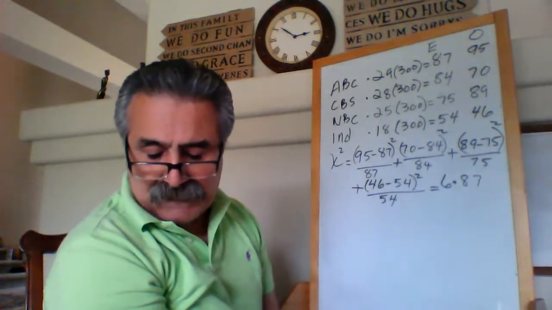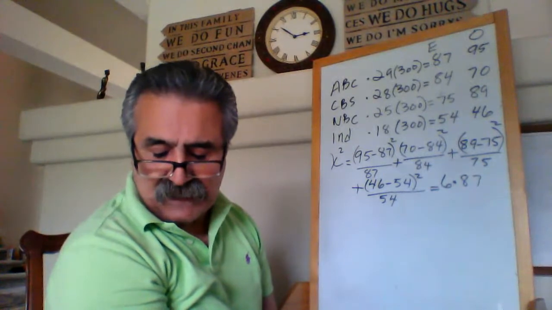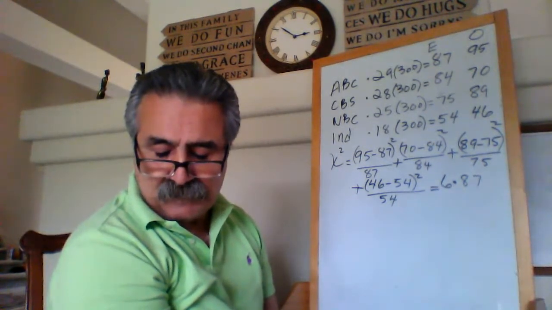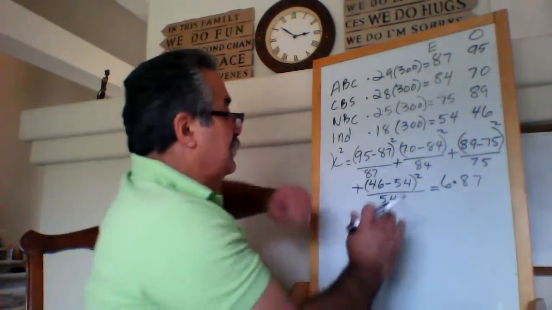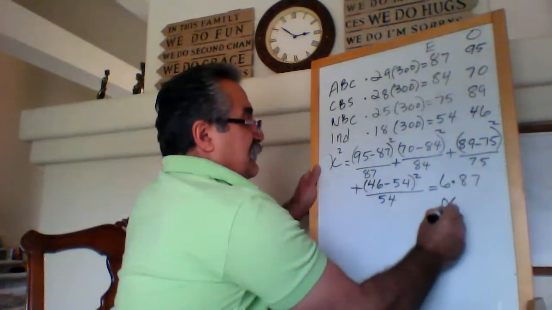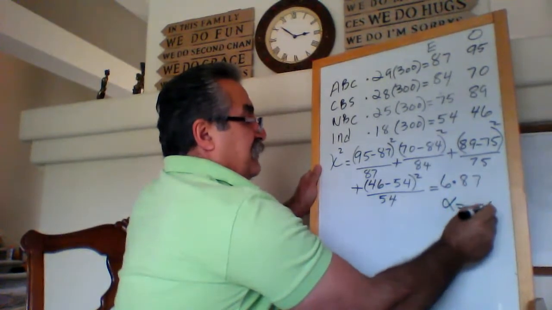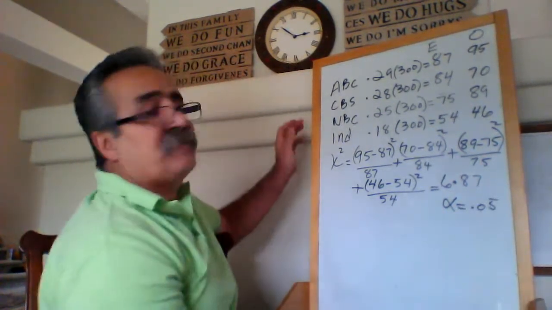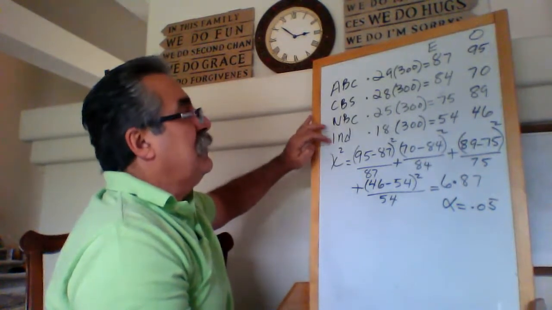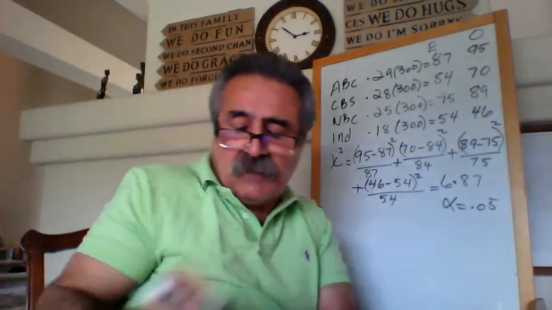Now, they ask us to test with a 0.05 for alpha. So alpha is equal to 0.05. Look, we have 4 categories: 1, 2, 3, 4. We go to the chi-square table.